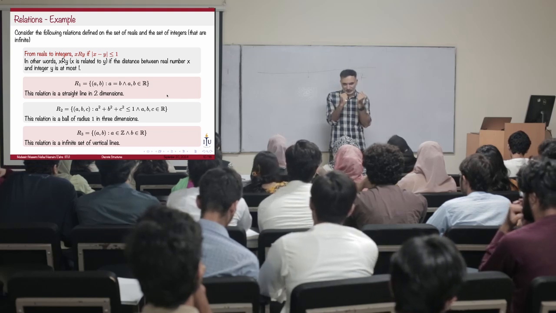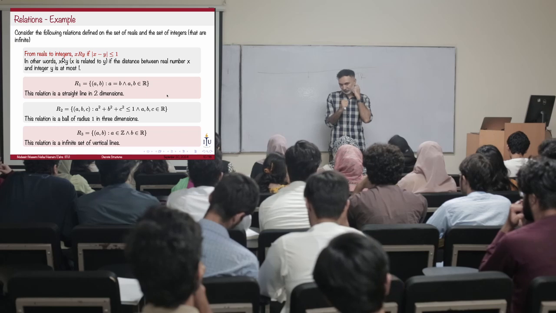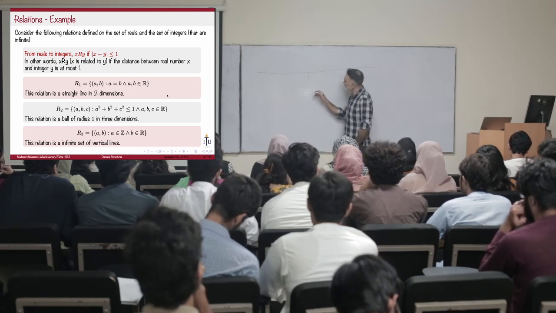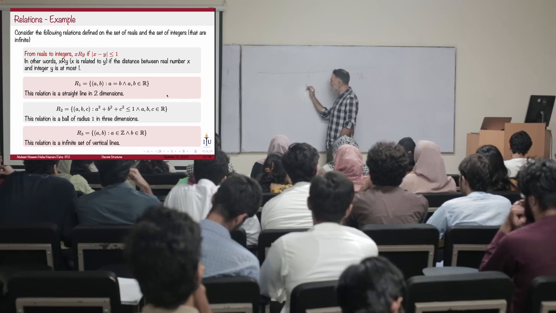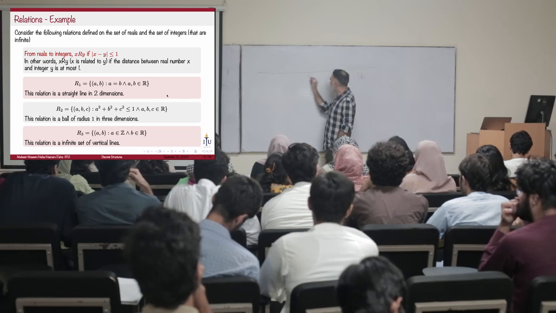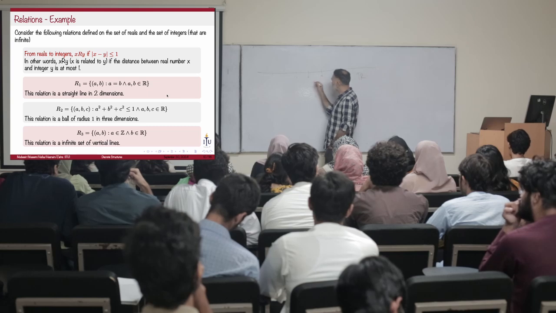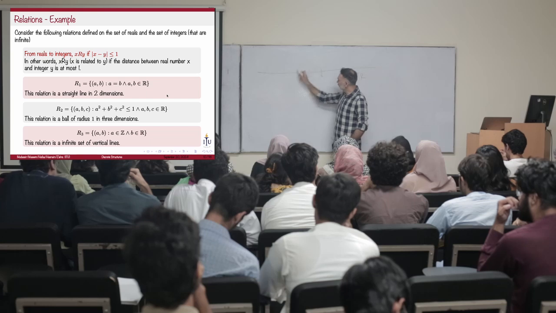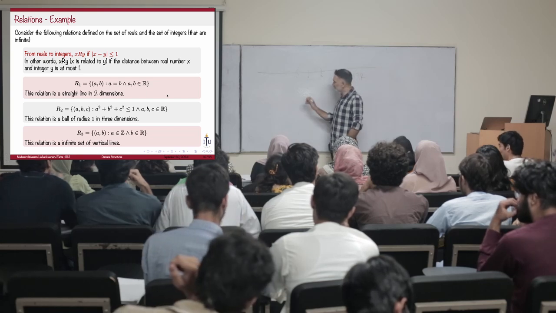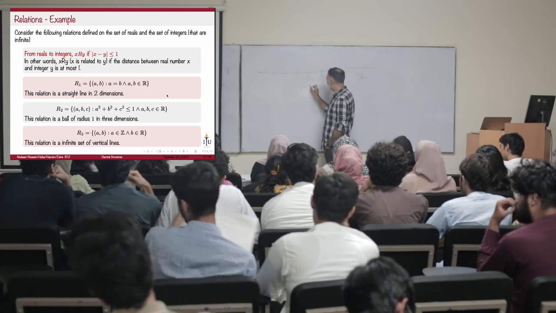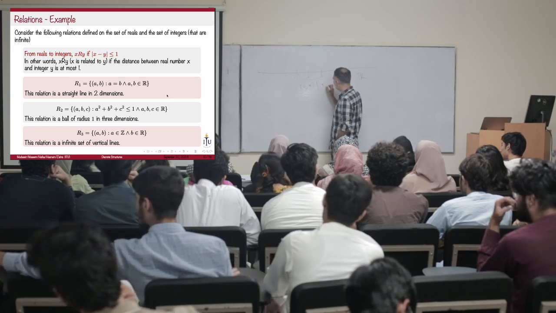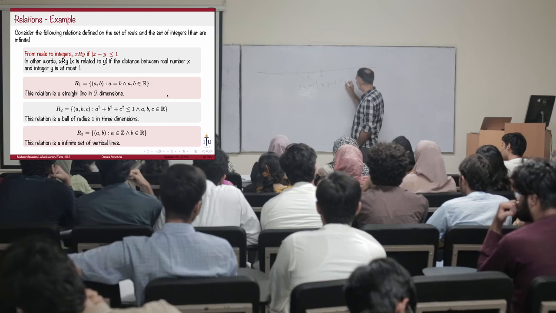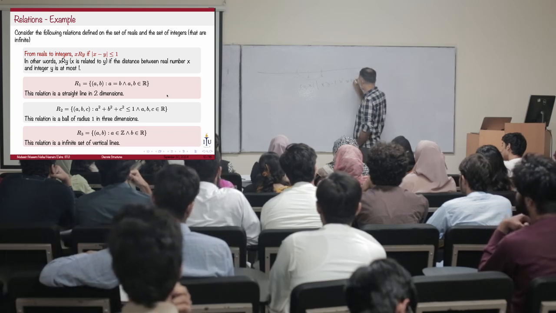If it is, I'll put it in my relation, and if it's not, I won't. So this would be valid for everything. For 0, all of these numbers would be related to 0. So you would have 0 and x, where x is greater than or equal to -1, or x is less than or equal to 1.